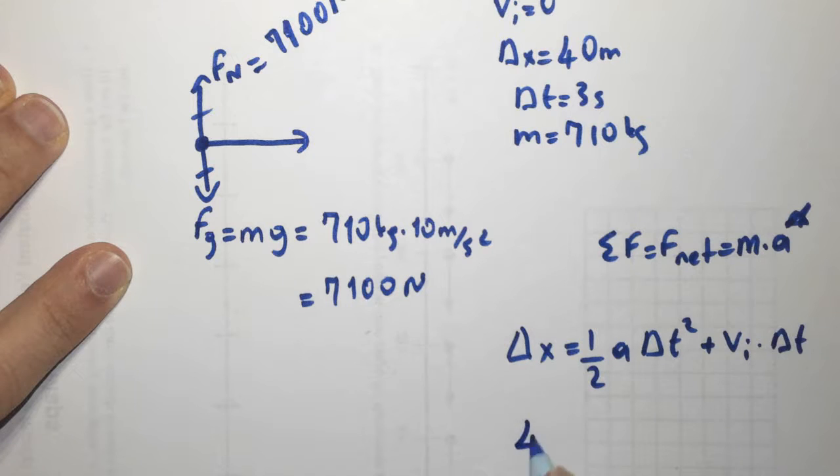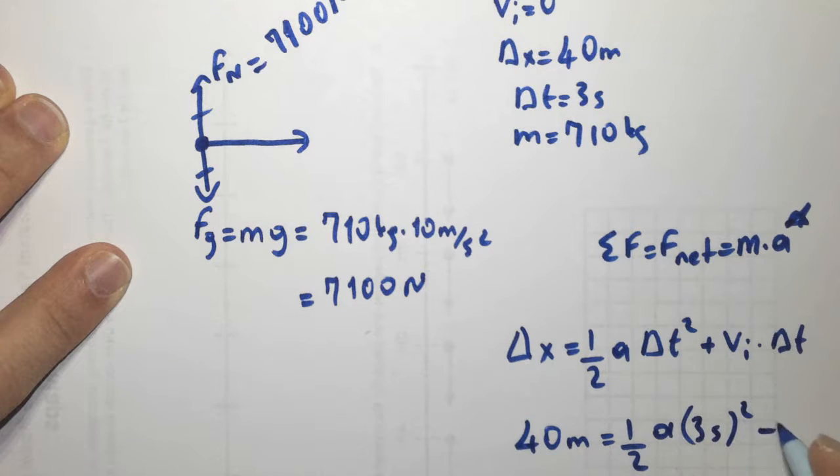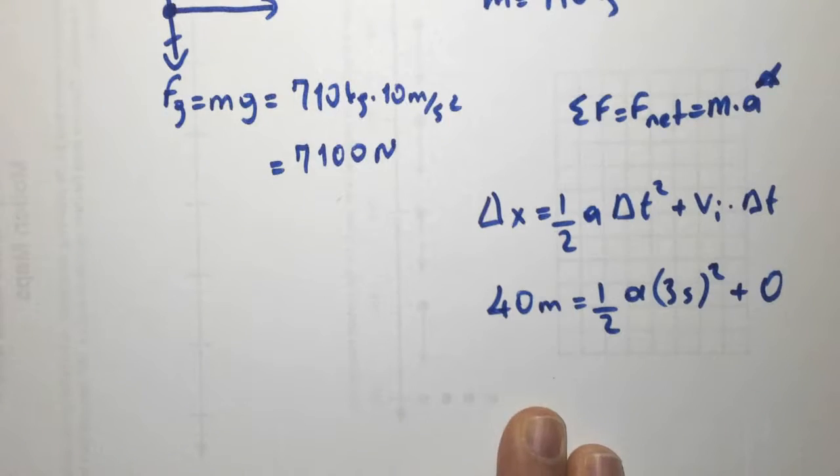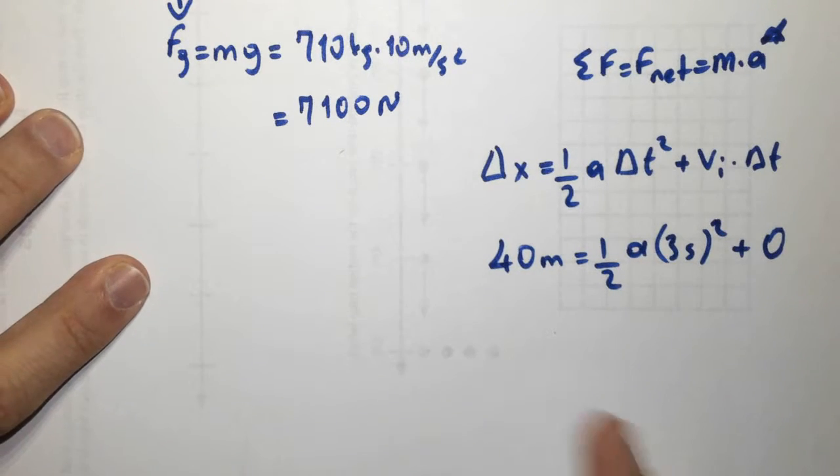Delta X is 40 equals 1/2, acceleration is the question mark I am trying to find, delta T is 3 seconds squared. Then plus 0, because initial velocity times time is going to be 0. Now let's solve it for A.